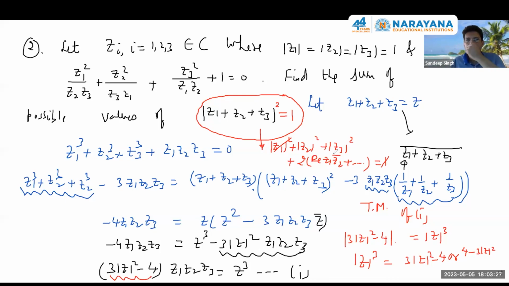Only then we can claim that this is a possibility. So tell me, mod Z2 square plus mod Z3 square plus 2 times this is equal to 0. Tell me anything, like you can substitute. Let us say Z2 equal to 1 and Z3 equal to 1. Then what are you getting? If I substitute this.